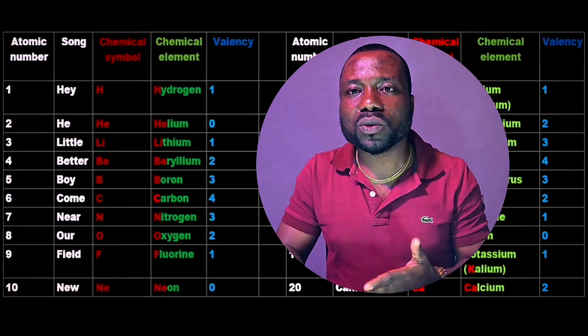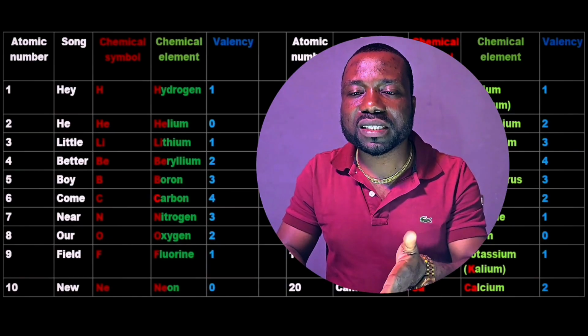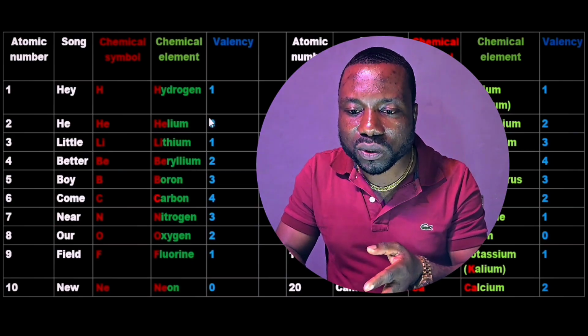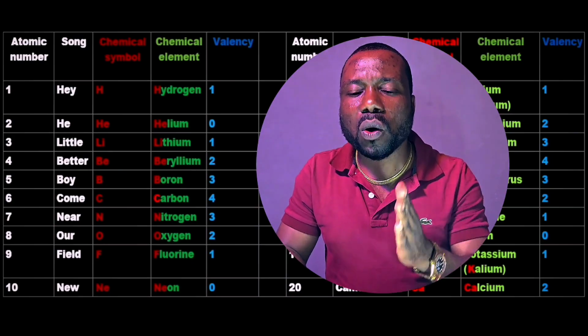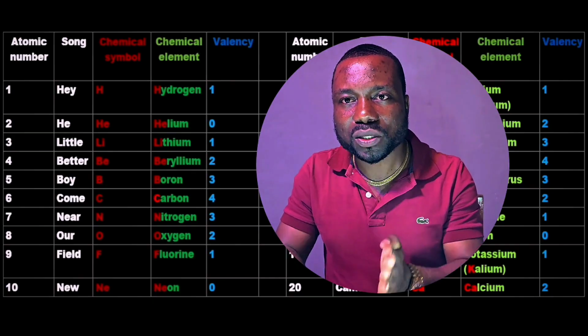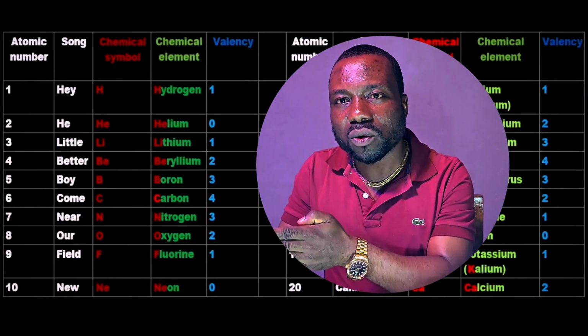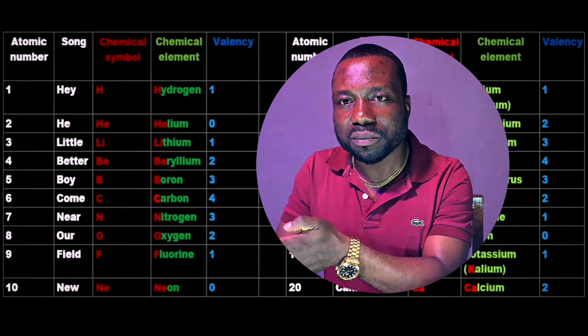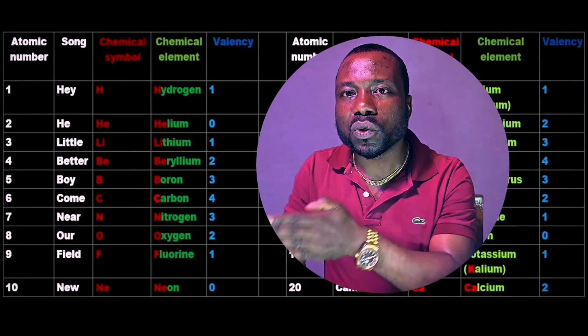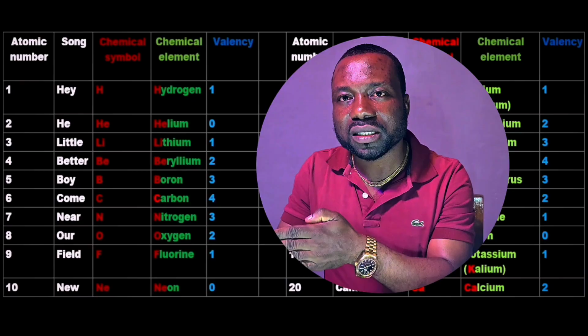So this is what you can do in order to know the valencies of the different elements without even referring to this table. So all you need to do is just sing your song in that order. You end at a particular number. That particular number will tell you the chemical symbol which you will use to identify the name of the element.